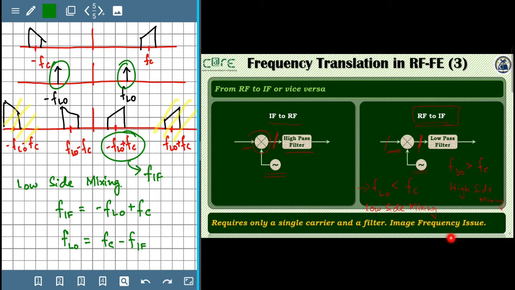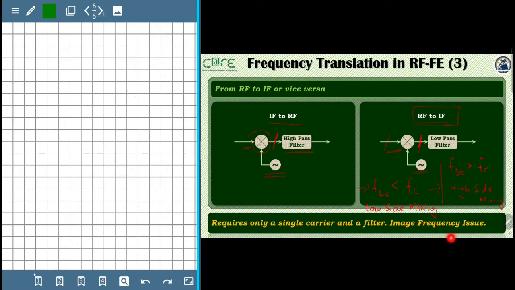Now the other case to be covered in this conversion from RF to IF is the high side mixing, where the local oscillator frequency is greater than the center frequency. Let's have a look at that case as well.